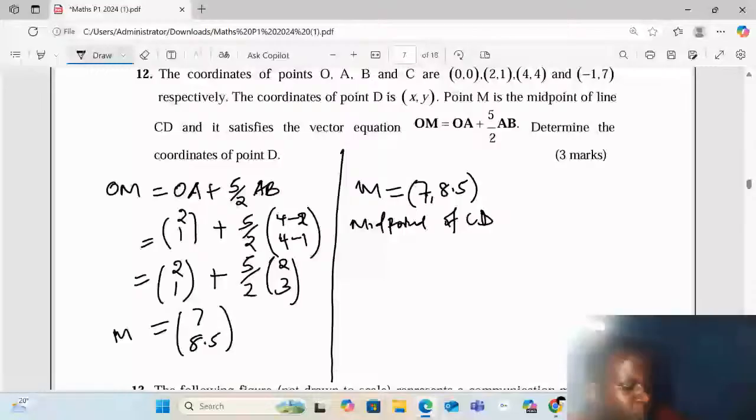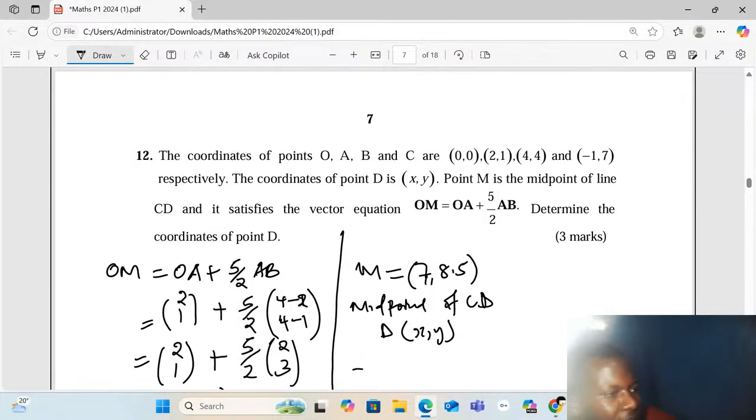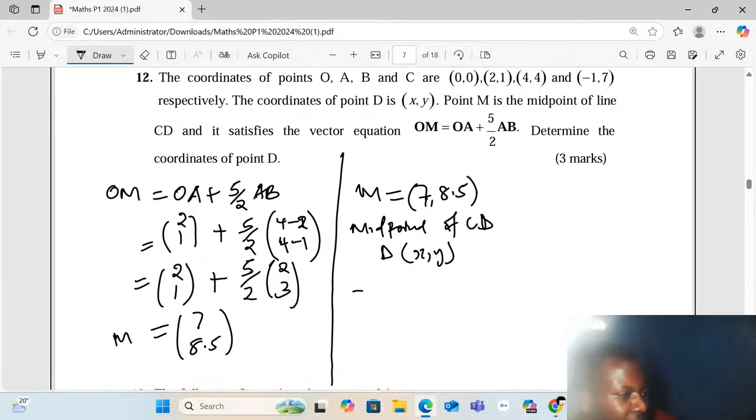Now, CD, we have D as x, y. Then we are having the midpoint. Now we have to look for the middle part. With this x, will it be negative? Yes, -1, because we're having -1, 7 for point C. So it's -1 plus x, then for the midpoint we divide by 2.